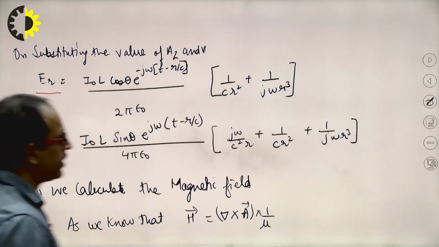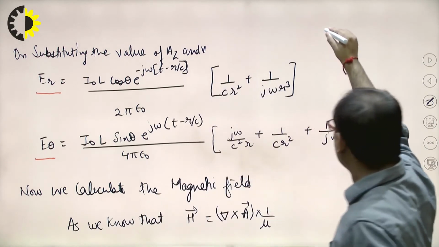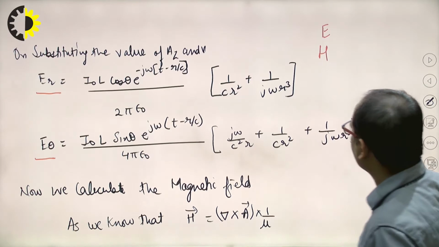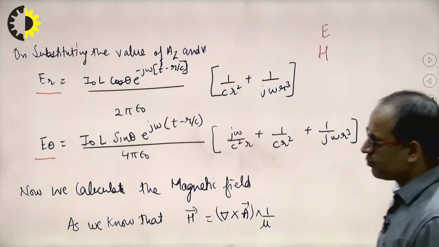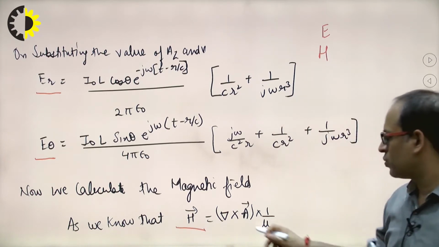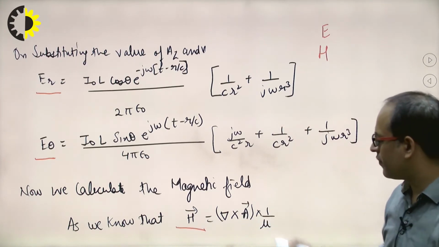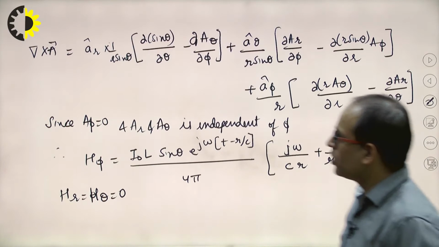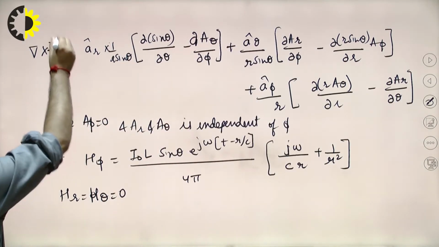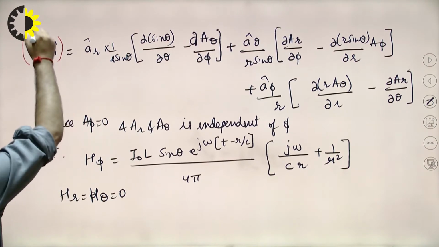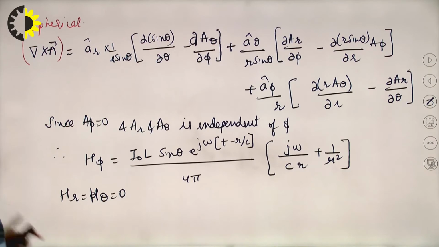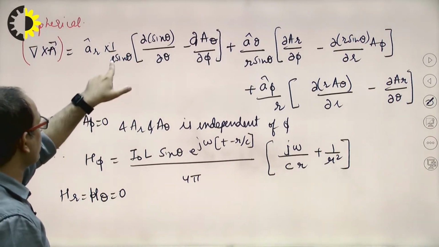Now as we have found the electric field, we will find the magnetic field component at the point P. As we know, H is equal to 1 by mu del cross A. So del cross A will be what? In the spherical coordinate system, del cross A will be a cap r 1 by r sin theta.